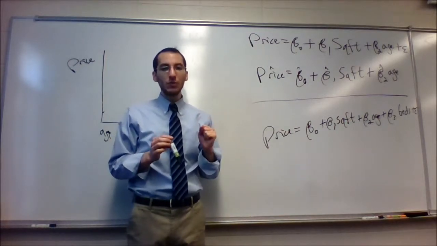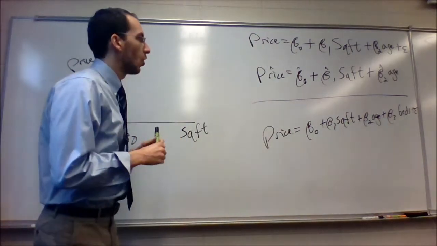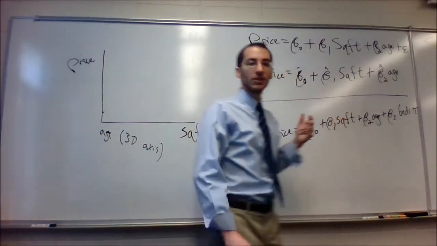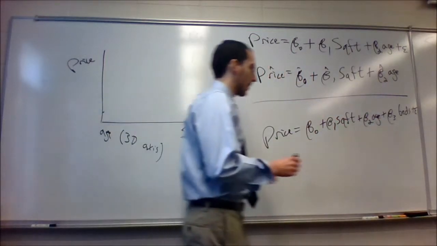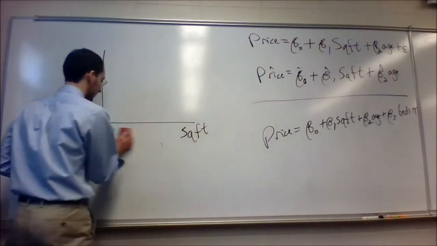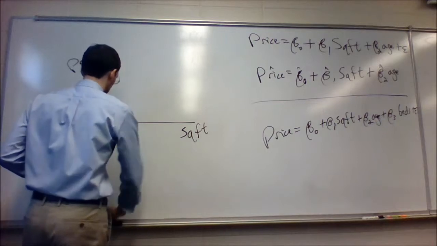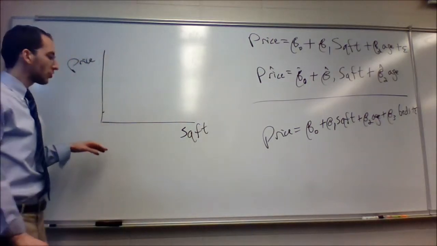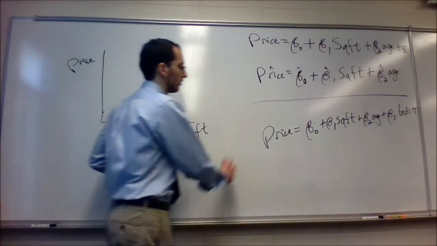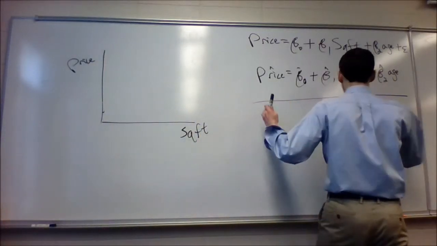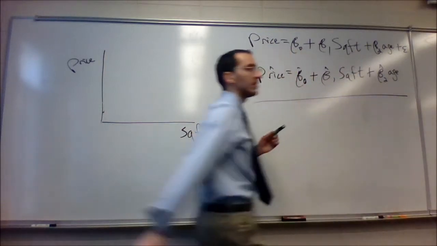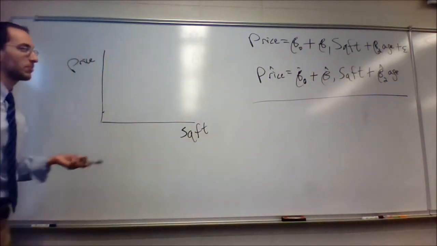Instead, what we can do is hold one of these things constant. So for example, let's pretend we're just doing square feet and age, and I'm using that to predict price.